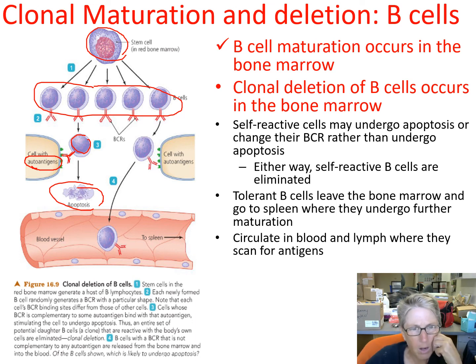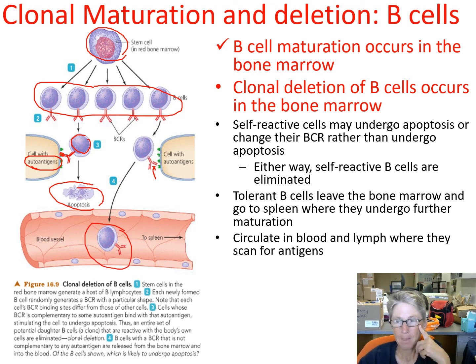I kind of marked it out, but this B cell receptor is doing the recognition of the autoantigens. In this cartoon, check it out. The tip of that B cell receptor is not recognizing these green autoantigens. So it gets to go be a B cell, go to the spleen. And I think that's it.